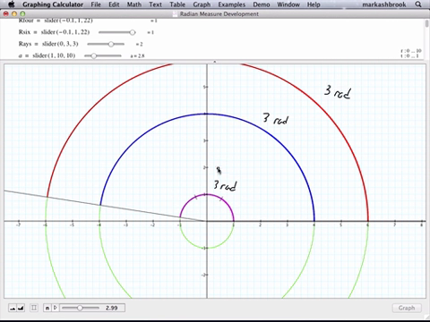What's the radius of the purple one? 1. What's the radius of the blue one? And what's the radius of the red one? What is that whole arc length right there? 3. Okay, we call that S.